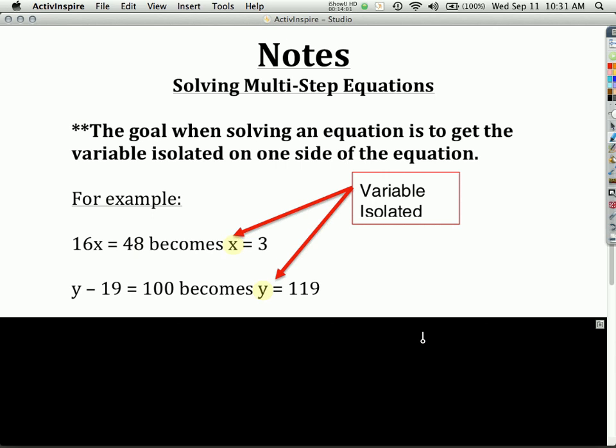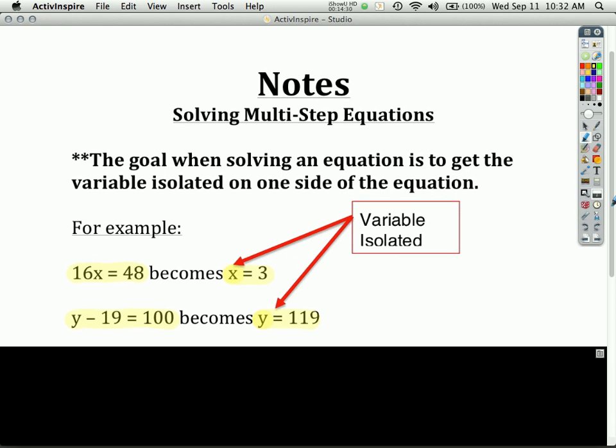That's our goal. And so we have to learn how to change this into this. You already learned how to do that. We also had to learn how to turn this into this. You already learned how to do that. Now we're just going to build on that. Okay? Are there any questions so far? Good. So now begins the building process.